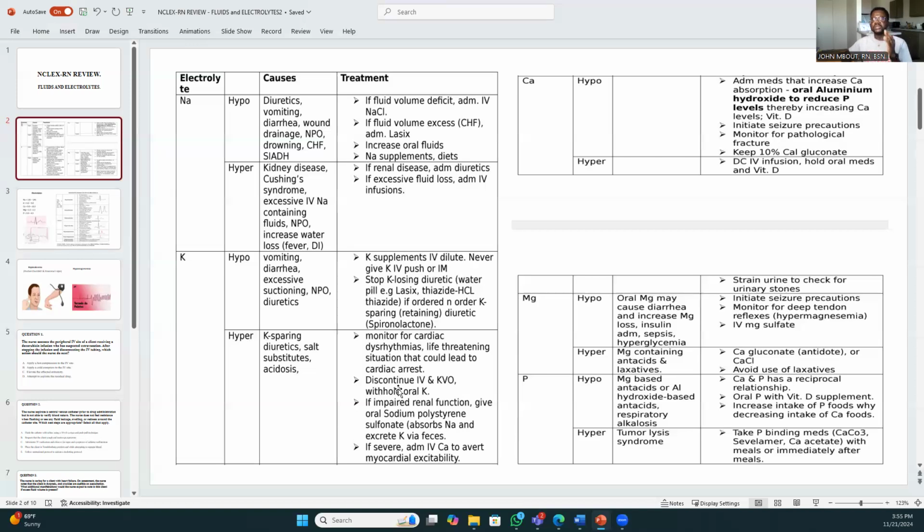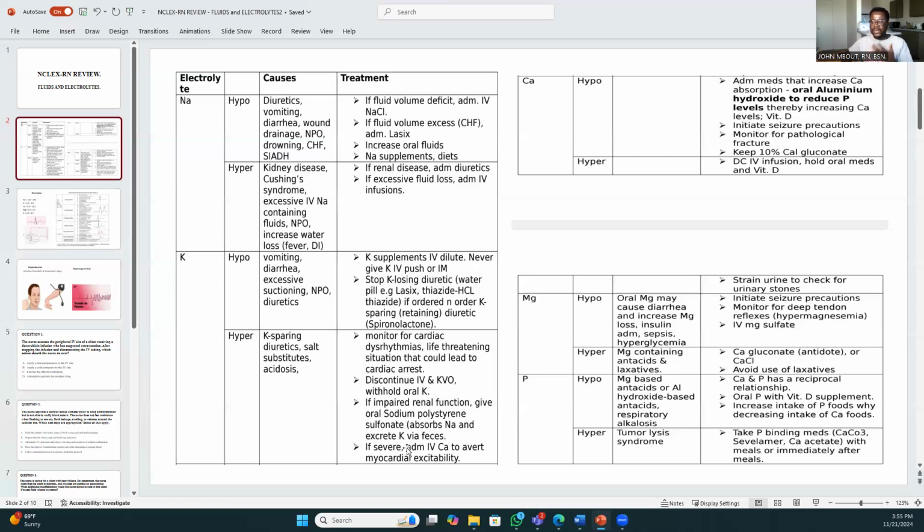This is a life-threatening condition which can lead to cardiac arrest. So you have to do cardiac monitoring carefully. Immediately discontinue the IV and keep the vein open. We hold any oral potassium that is going.